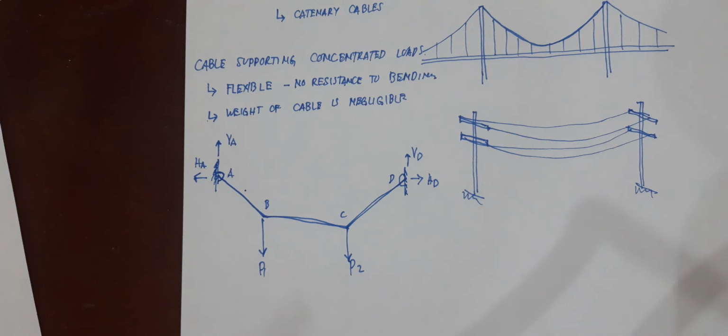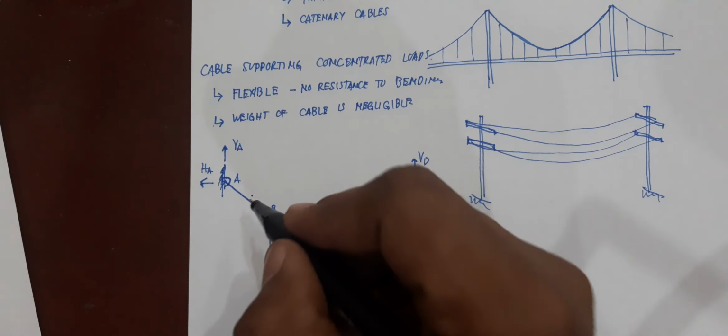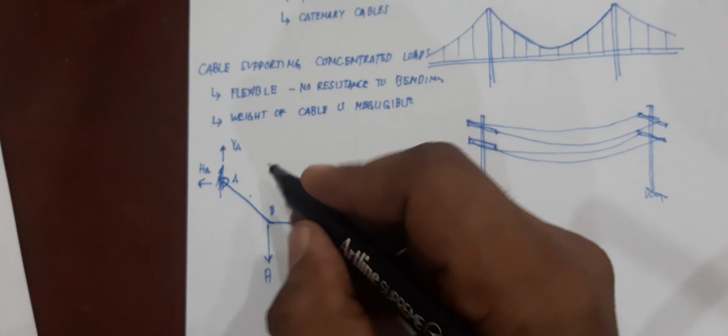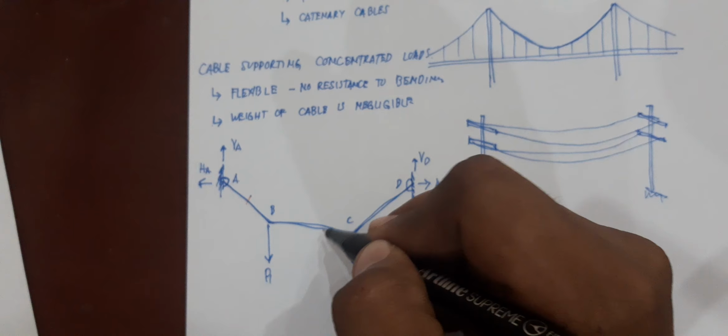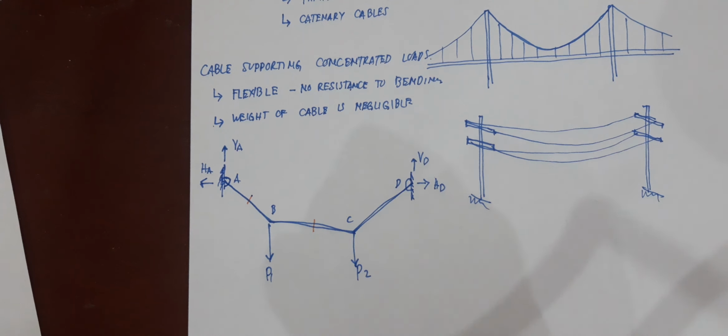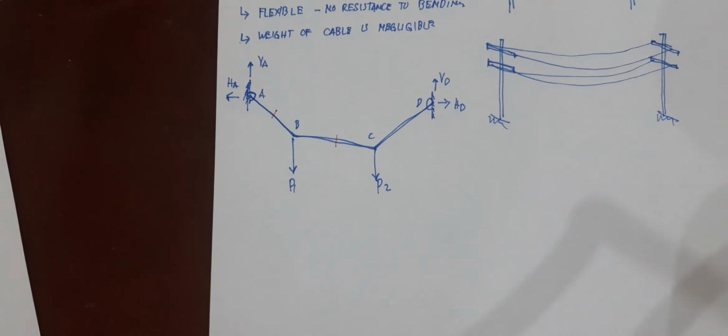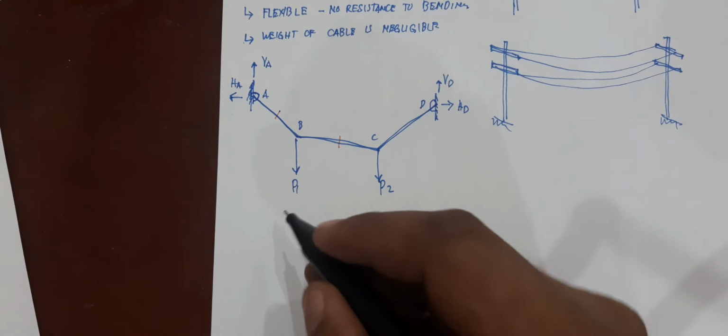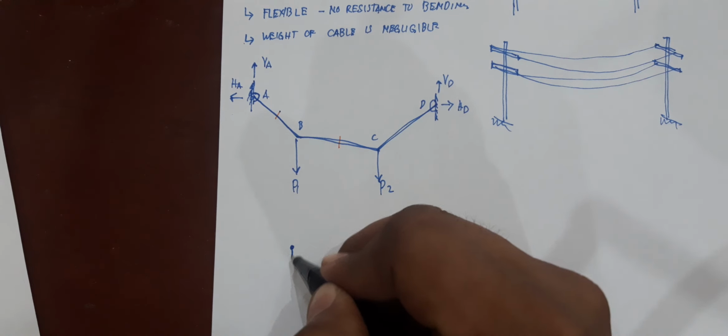If you were to isolate this section and take it as a free body, the free body diagram for that particular section would be something like this.